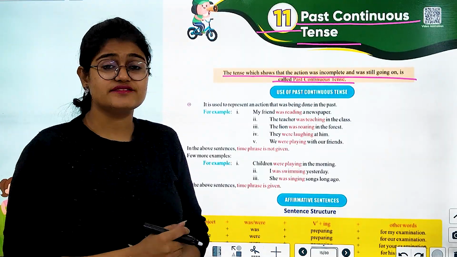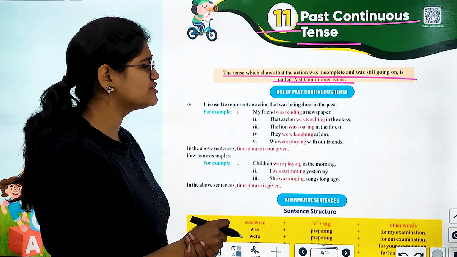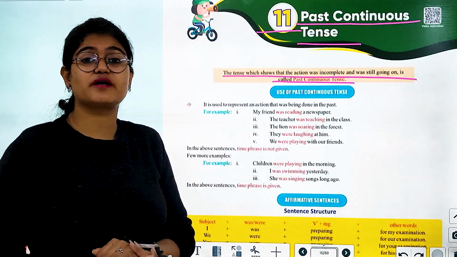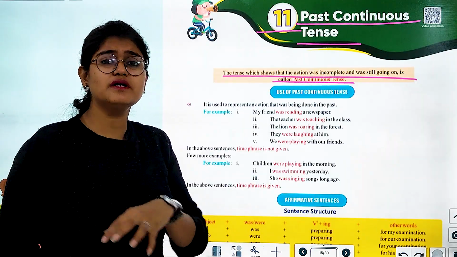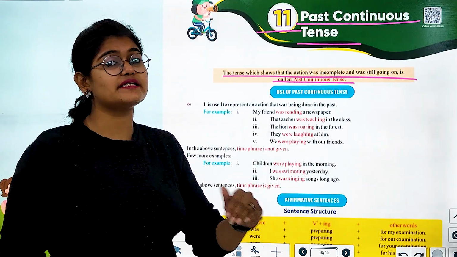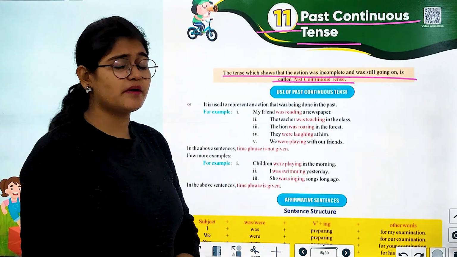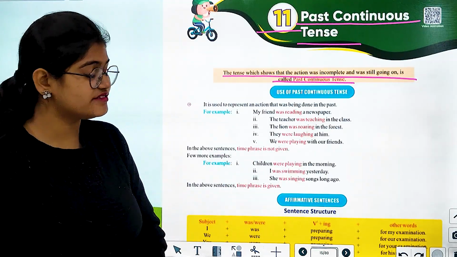So, ये tense हमें दिखाता है कि जो action है वो actually पूरा नहीं हुआ था, और जब हम उसके बारे में बात कर रहे थे हम तब भी उस काम को कर रहे थे at that time, right? So that is to be known as the past continuous tense.